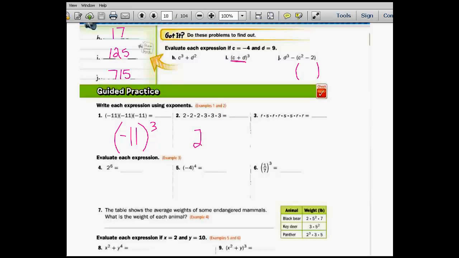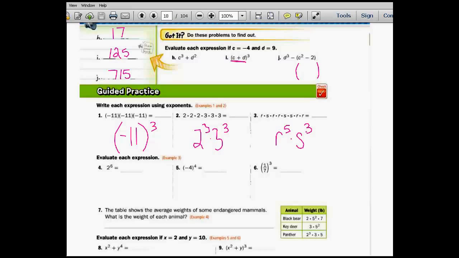We've got 3 2's times 3 3's. Number 3, we have 1, 2, 3, 4, 5 r's. So r to the 5th times 1, 2, 3 s's, s cubed.